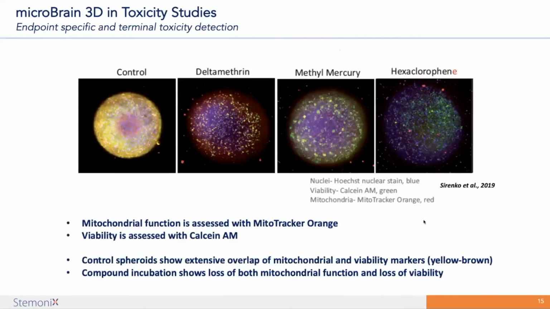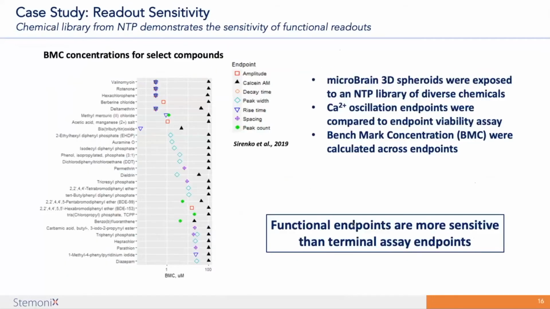However, we can also look at biochemical endpoints, again, as Carol pointed out. Here we're looking at viability as well as mitochondrial health. So together, these 2 form a system where you can look at both terminal endpoints as well as functional impacts.